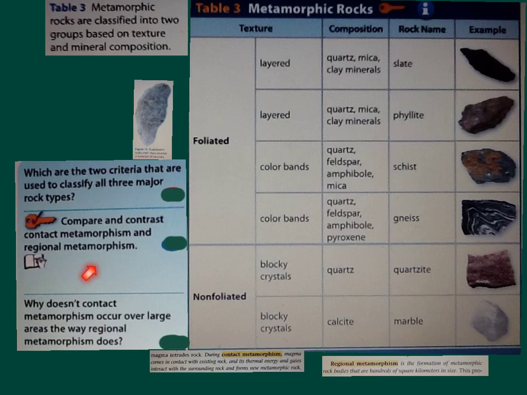Remember, comparing is similarities, contrasting is the difference. Compare and contrast contact metamorphism and regional metamorphism. And the last one you have to pick from would be this one: why doesn't contact metamorphism occur over large areas the way regional metamorphism does? So you're picking this one for a fact, and this one or this one, whichever one you want to choose.